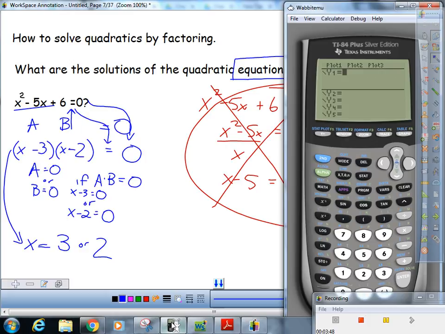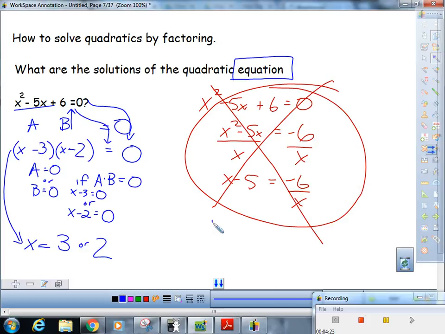So if I graphed y equals x squared minus 5x plus 6, graph. Ba-boom! Look, it hits the graph at x equals 2 and x equals 3. Don't believe me? Check the table. 2, 0, 3, 0. Oh my gosh, it's starting to make sense.